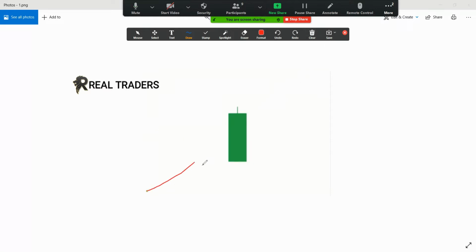So in an uptrend, if there is no level, we can expect the market to continue. We always need to check the level. In a strong downtrend, we can expect a retracement candle here, a seller's entry.